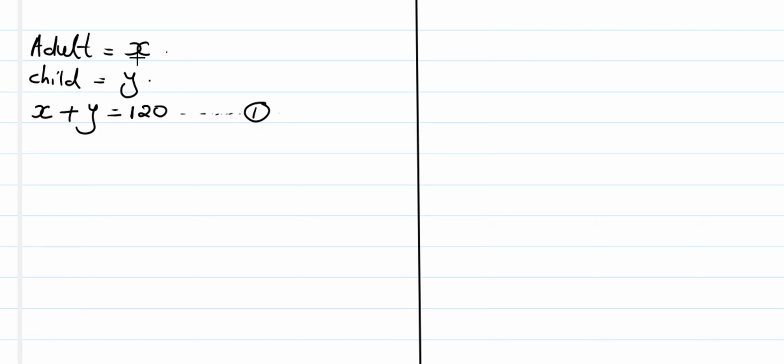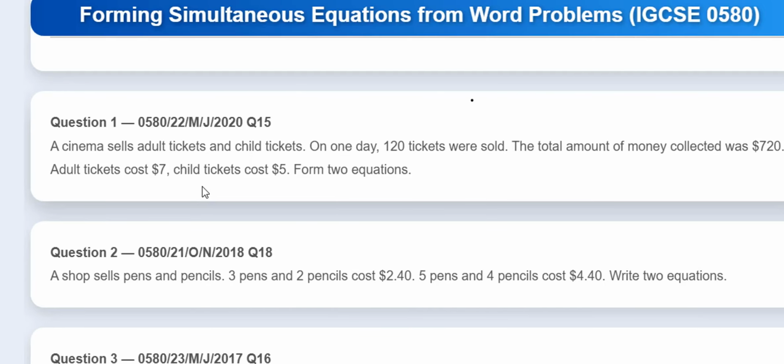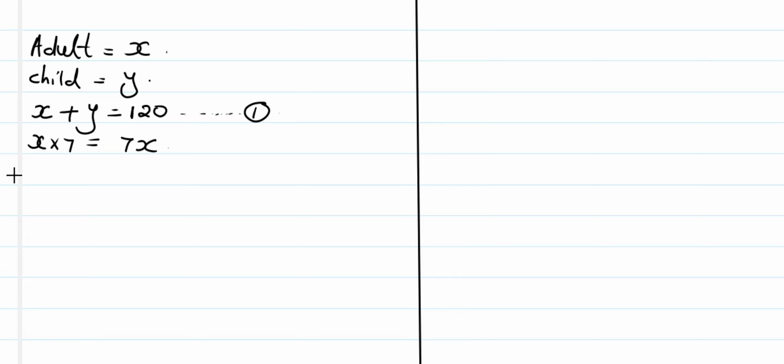So if we take the total number of adult tickets sold and multiply by the cost of each, we get X multiplied by 7, which becomes 7X. And then you are told a child ticket costs $5. So if I take the total number of child tickets multiplied by $5, I get the total amount spent on child tickets, which will be 5Y.